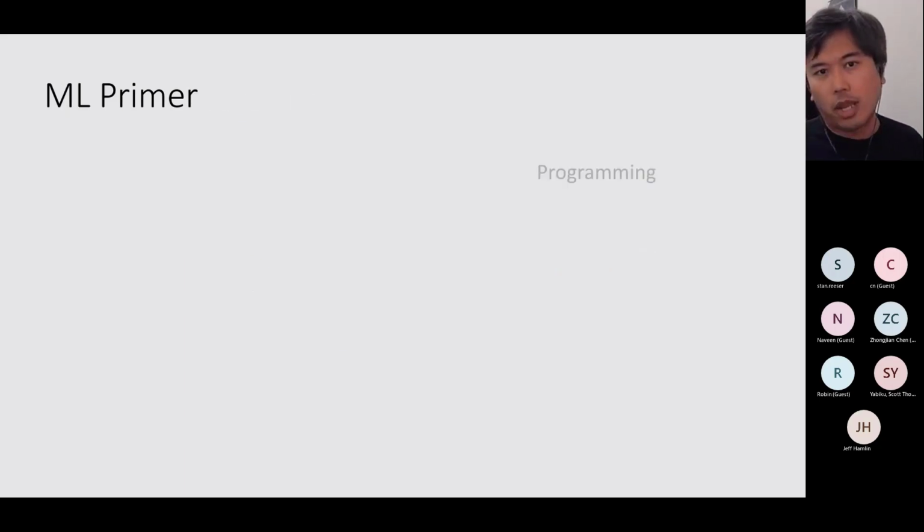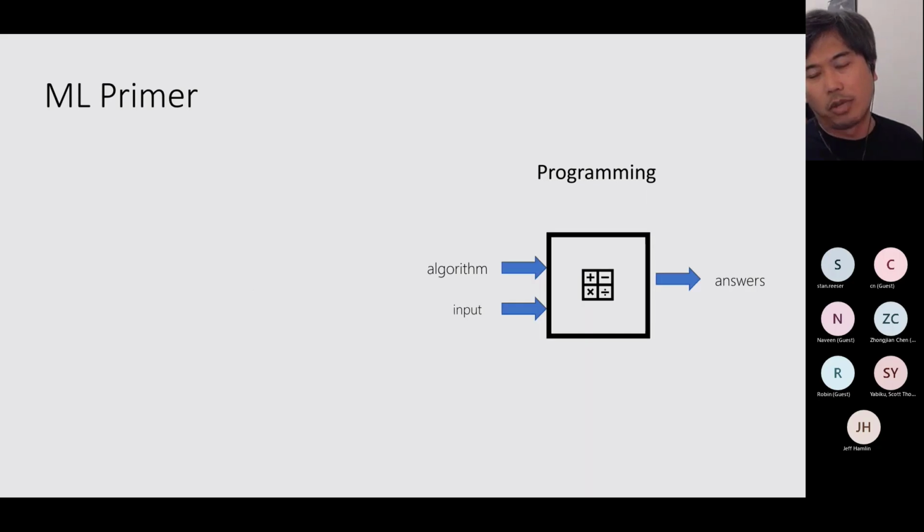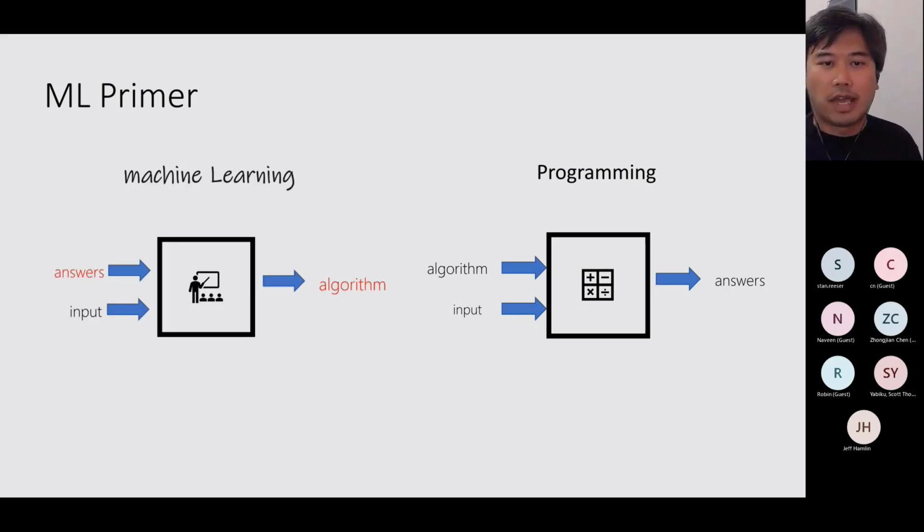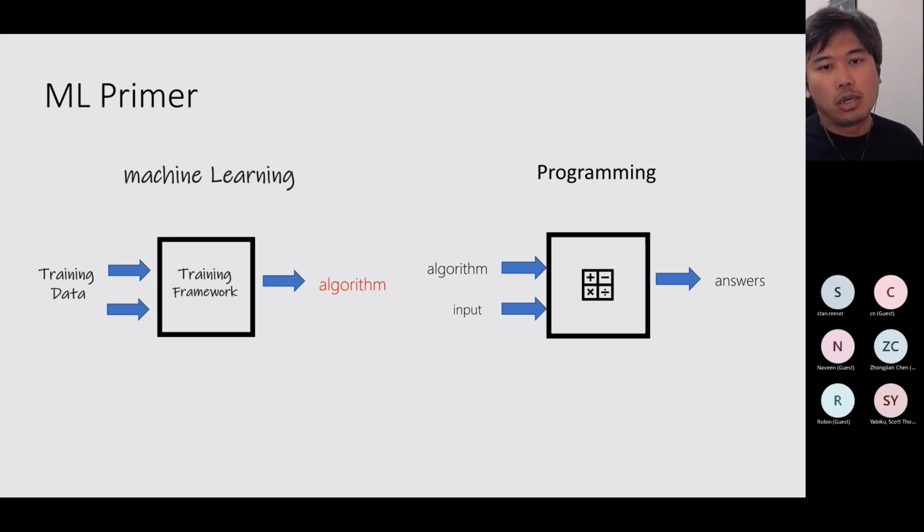So as a machine learning primer, typically you have programming on this side, where you have algorithm and input and answers, and then machine learning on this side, where you have answers and input and it would spit out an algorithm. How they connect to each other is through this, right? In the machine learning world, your answers and input are called the training data. Then you need a training framework in order to create a model.